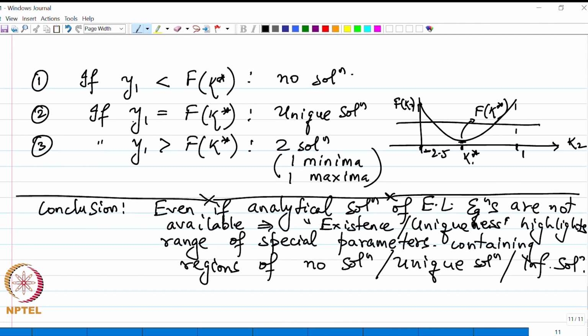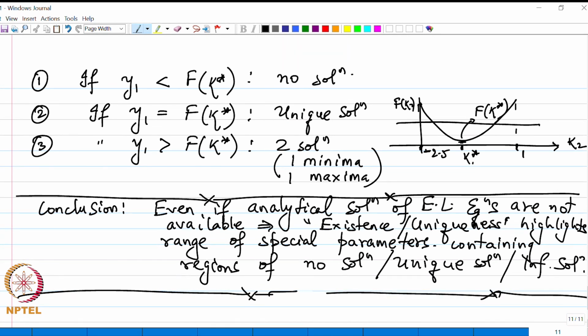So, at least we can find regions of the parameter space where we have to search for our solutions to the Euler-Lagrange equation. So, existence uniqueness is also an important issue to consider while looking at the solution to the Euler-Lagrange equation.